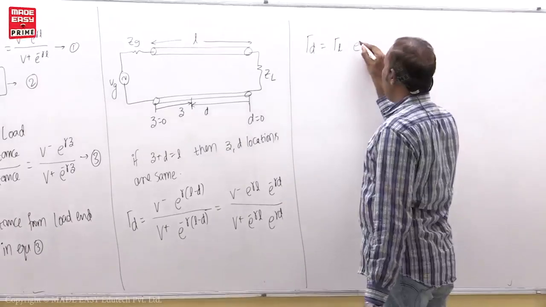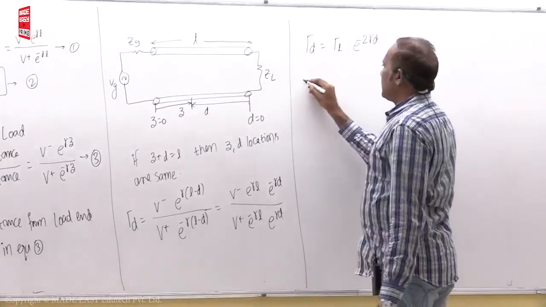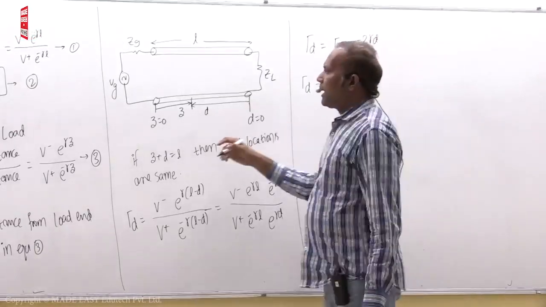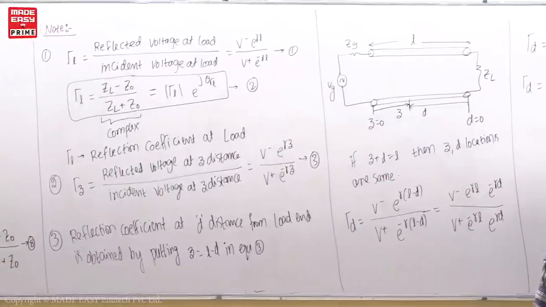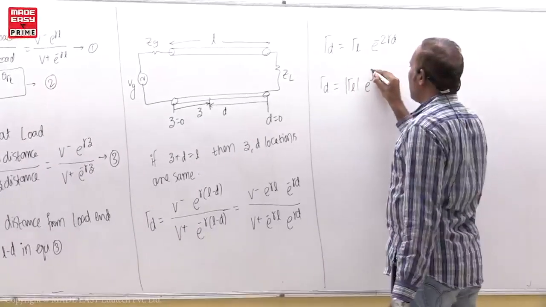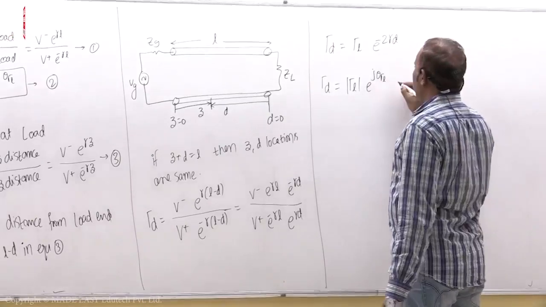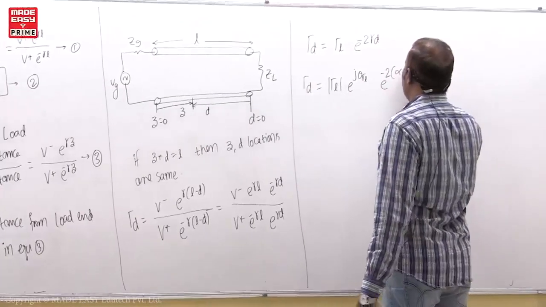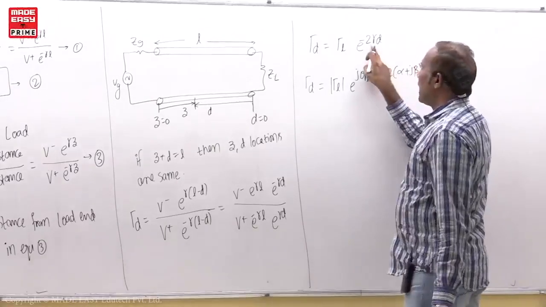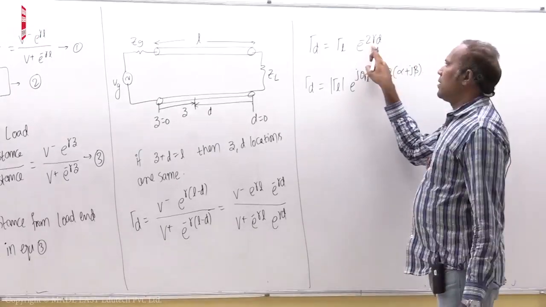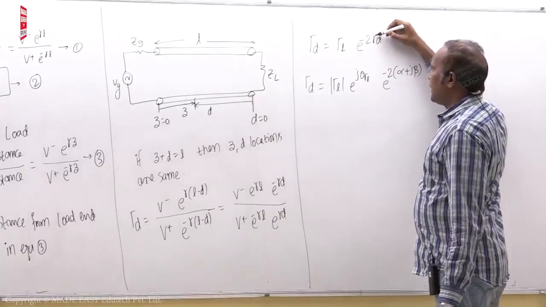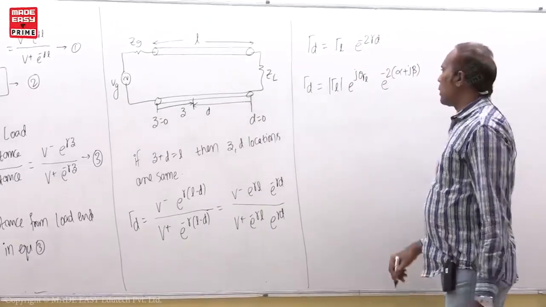Then this is e power minus 2 gamma D. So gamma D is equal to, what is gamma L from this equation? Gamma L is mod gamma L e power j theta gamma L, then e power minus 2. Gamma is actually alpha plus j beta. Small gamma is the propagation constant. Capital gamma is the reflection coefficient.